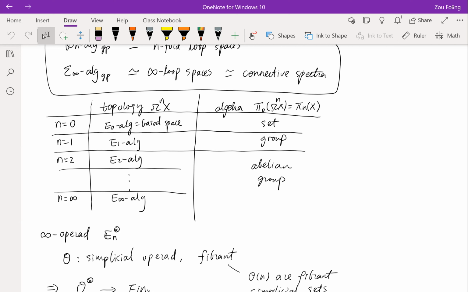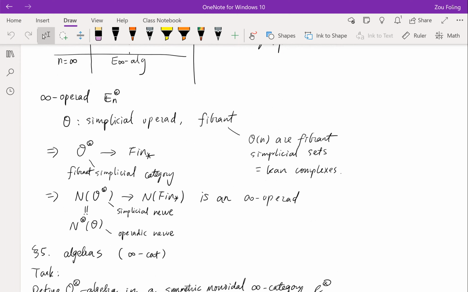On the left, you have E_1 algebra, E_2 algebra, and so on until E-infinity algebra structure. But on the right, you have group structure on π_1, and then you jump immediately to abelian group structure starting from π_2. So in algebra, you do not see this hierarchy of coherence from 2 to infinity. You just see a single jump there. So that's why sometimes homotopy theory is used to study algebraic questions, because here we have more structure that's visible.